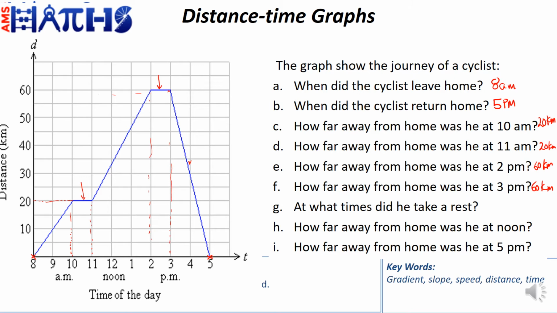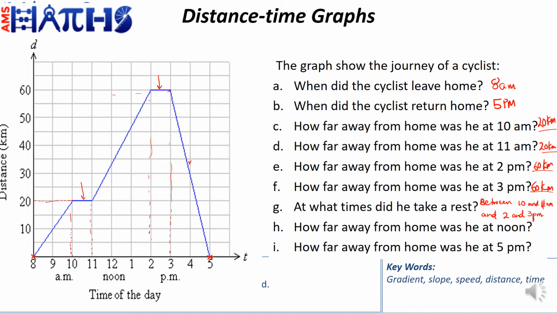And so the times that he took a rest would have been between 10 and 11 a.m. and also between 2 and 3 p.m., which would have been suggested from C and D, where he was 20 kilometers away from home between that hour of 10 a.m. and 11 a.m. and then he was also 60 kilometers away from home between the hours of 2 p.m. and 3 p.m. So that would suggest where he was resting.